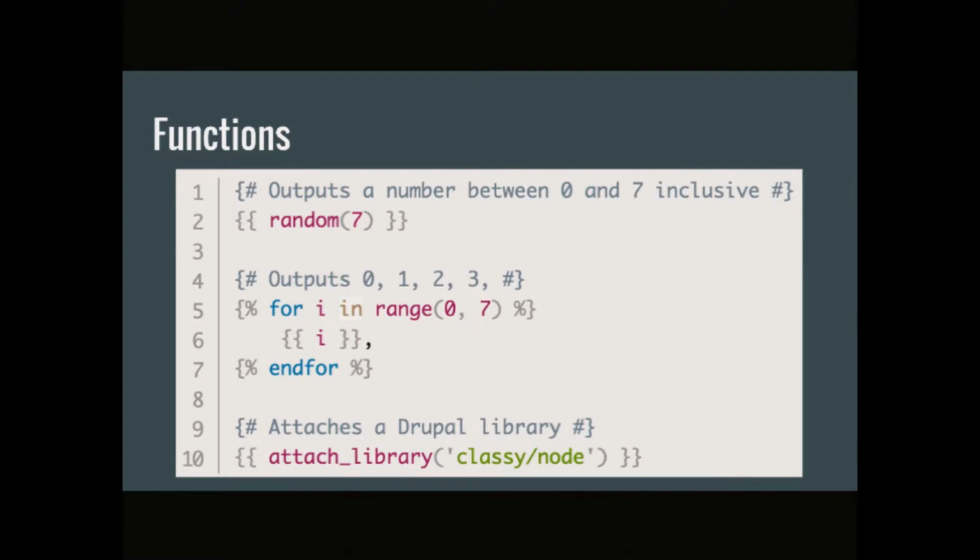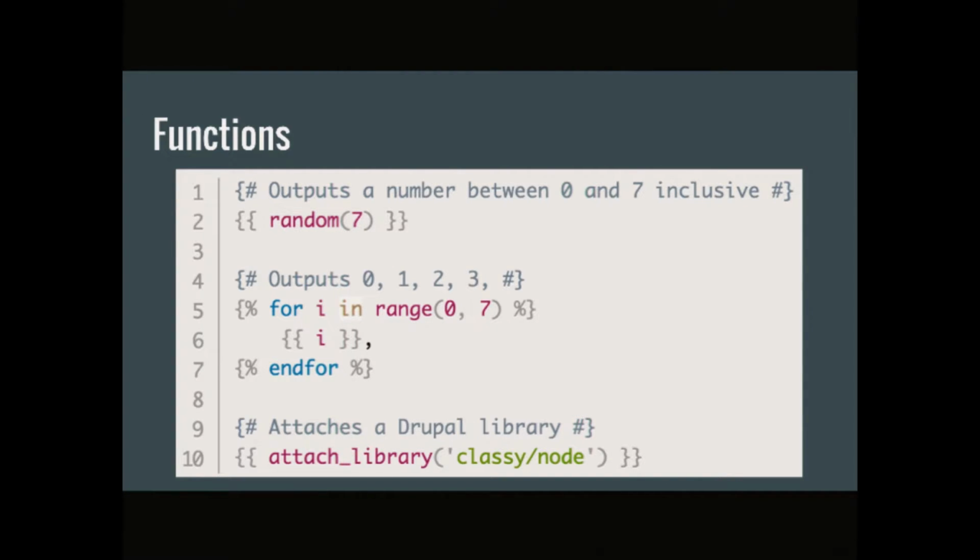Functions. We call a function by the name, and then we pass parameters as needed. So we have a random function to generate random numbers, a range function to generate an array of numbers. The attach library function is specific to Drupal, and what this does is that in the page where this is being called, you are going to attach a library in your theme.